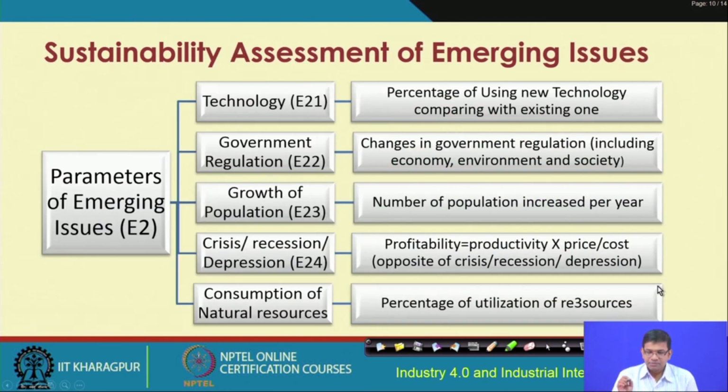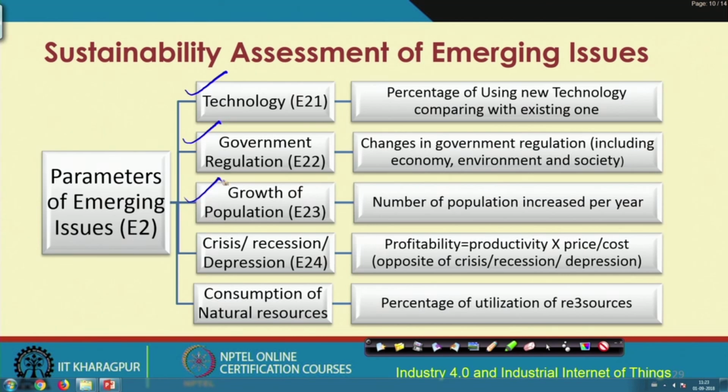All of these things we have discussed, because if you recall, we started with that formula S over SD, and S over SD has all of these different contributors that we have just gone through so far. For computing this S over SD, which is the sustainability factor, we have gone through all of these different issues of technology, government regulation, growth of population, crisis, recession, depression, and consumption of natural resources, and their corresponding things.